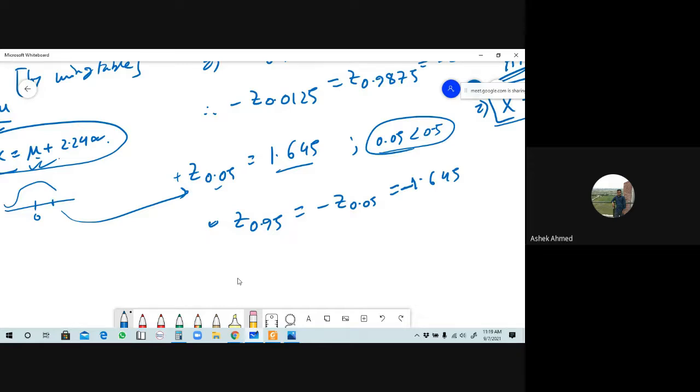From here we can say that the position of z suffix 0.95 lies on the left side of 0, while the other one was on the right side of 0, which is 1.645, and this will be minus 1.645 here. Okay, these you have to remember here.